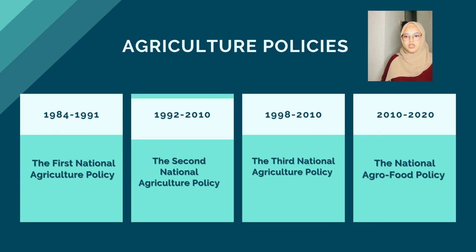And the last one, the National Agro-food Policy around 2011 to 2020, addressed issues in the agriculture sector such as production space, labor shortage, and production cost. The National Agro-food Policy, NAP4, was created to address global and local market issues. The policy aimed to promote sustainable agriculture.